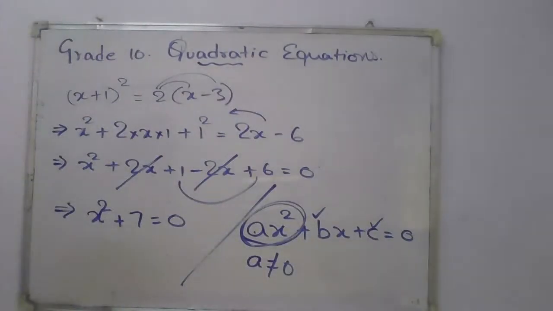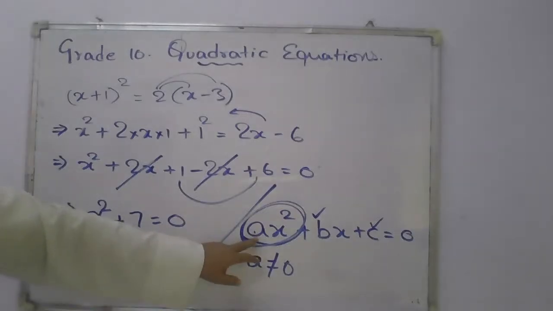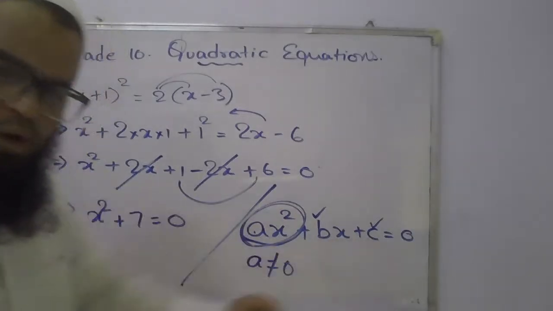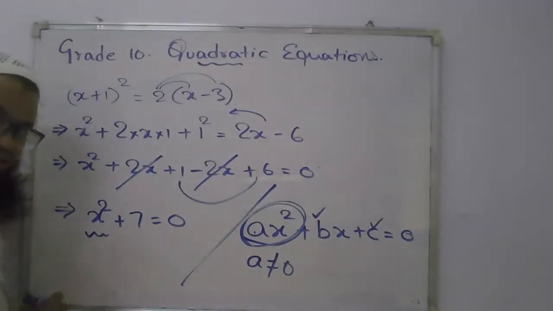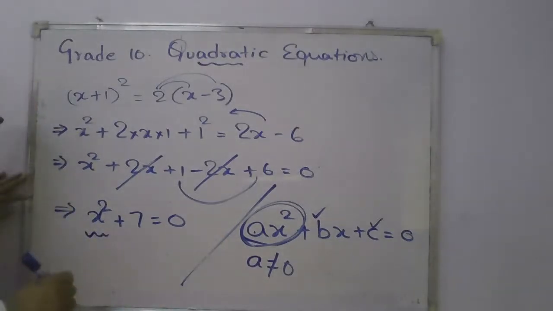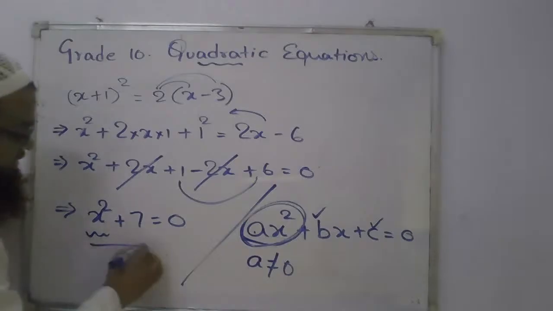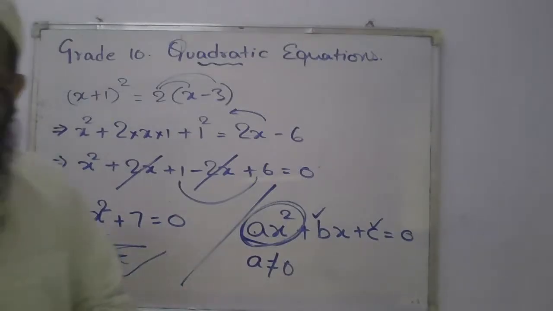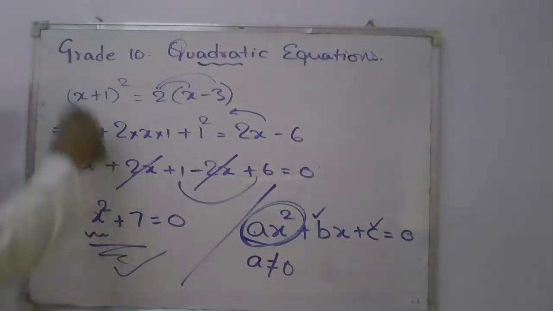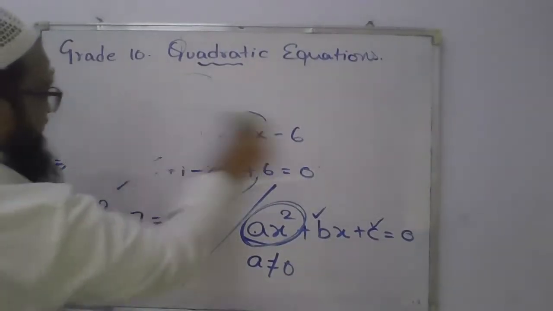So therefore, a should not be 0. This can be 0, this can be 0. Now in this, do you have an x square term? Yes, sir, we have. So therefore, this is a quadratic equation.